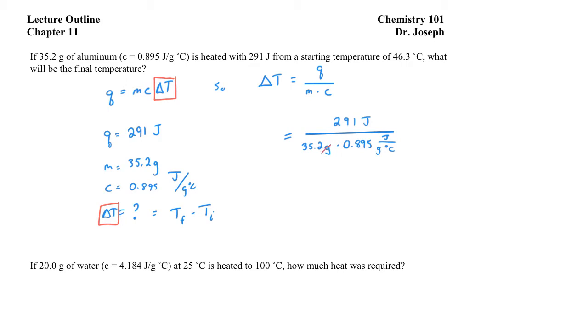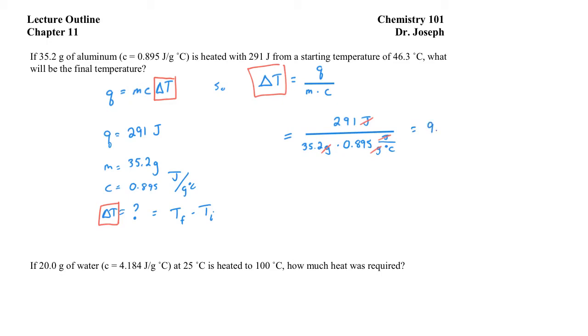So notice that grams would cancel grams here, and joules being divided into joules goes here, and then we're left with the inverse of degrees Celsius, which will just be equal to degrees Celsius, which agrees with the fact that we're trying to solve here for a temperature unit, which would be degrees Celsius. So go ahead and pause the video, get your calculator out, and put these numbers in and see what value you get.